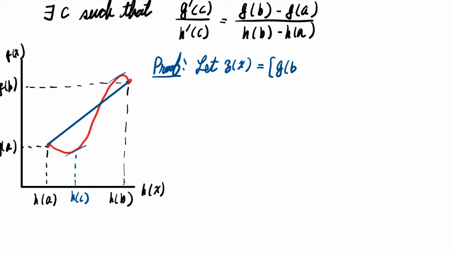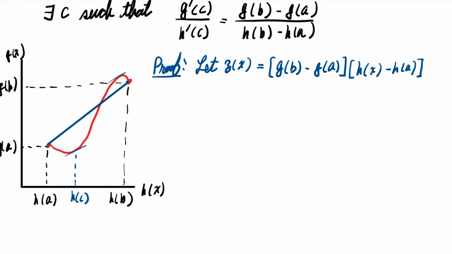The ingredient we need: g of b minus g of a, that is constant, all of it, which is kind of what we need in the numerator in this theorem, times h of, and this is the clever part, x minus h of a. So that's the denominator here, except instead of b, I put the variable x.